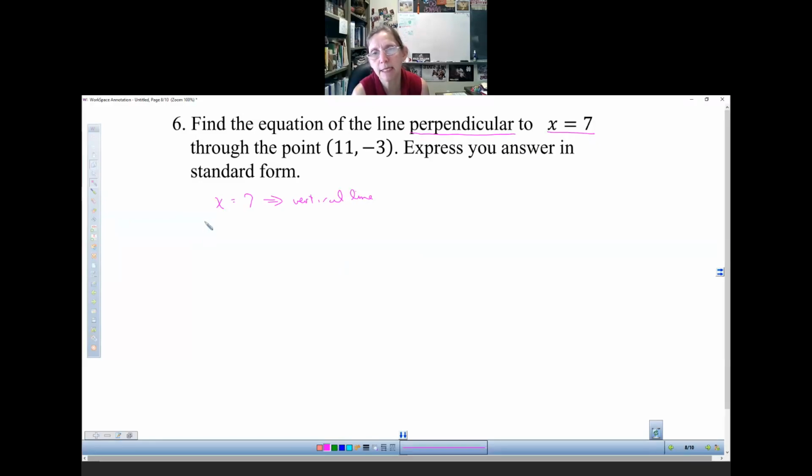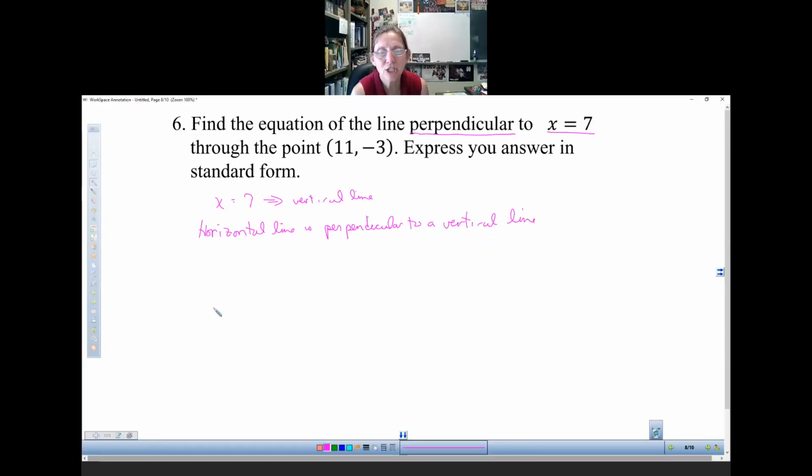You can either type it in or you can tell me what line. What kind of line is perpendicular to a vertical line? Horizontal line. Exactly. So a horizontal line is perpendicular to a vertical line.